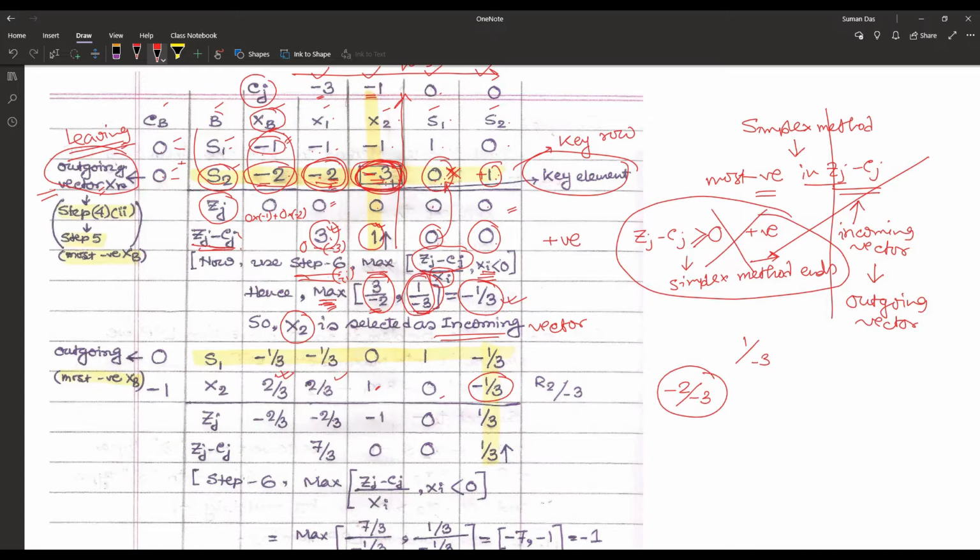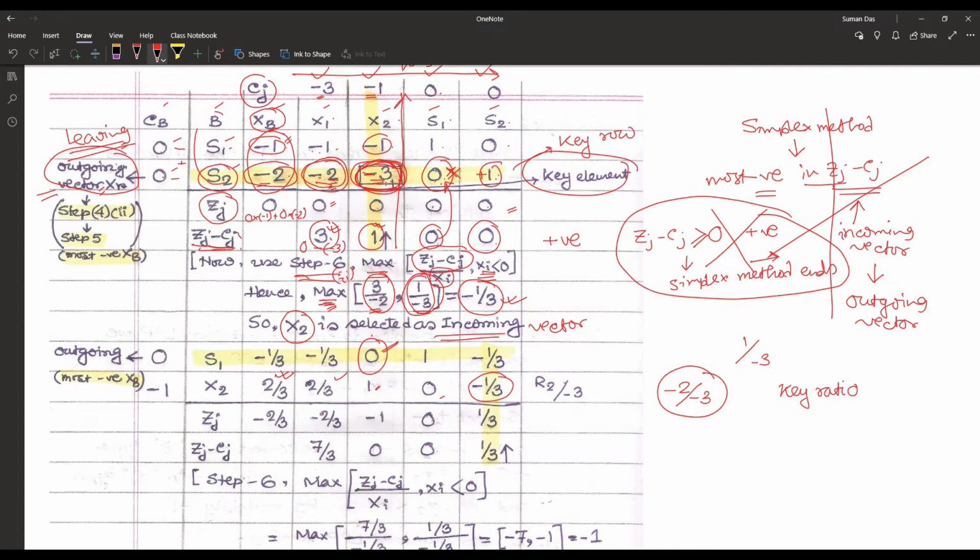And what to do for the other rows? We have to find a key ratio. Particularly, we have to calculate the value in the key column as 0. So for that row, the key ratio is minus 1 divided by minus 3, and that is 1 by 3.